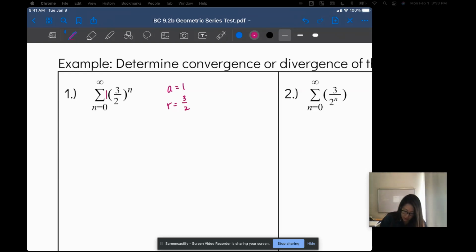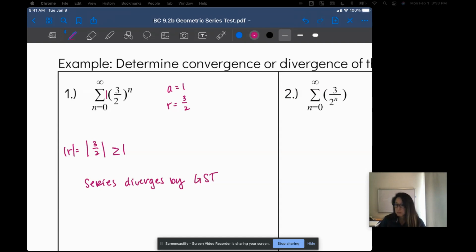And what I need to write is that the absolute value of r, which is 3 over 2, is greater than 1. So it's greater than or equal to 1. So the series diverges by geometric series test. Cool? Yeah, let's look at the next one.